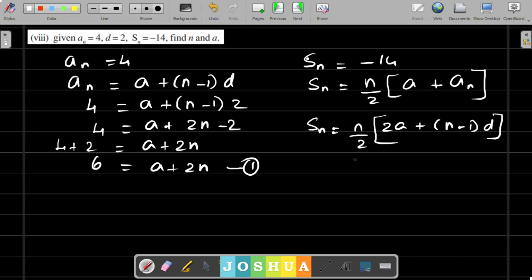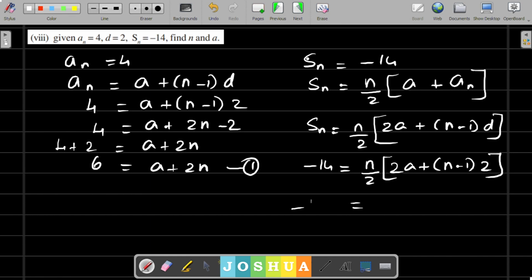Now I am substituting the Sn value, minus 14. I substitute minus 14 and n upon 2, I don't know the value of n, and 2a plus (n minus 1) times d. d is 2. Now substitute here one by one, and take the 2 to the other side.